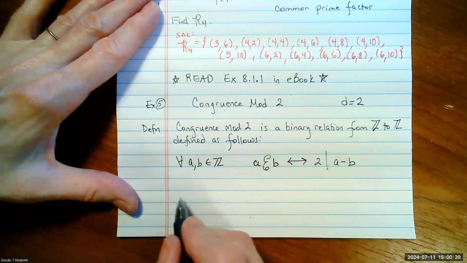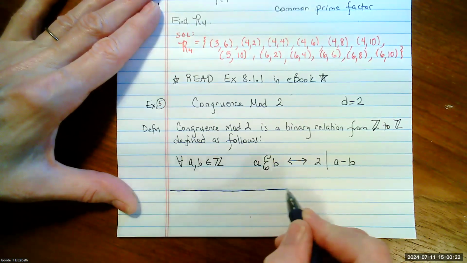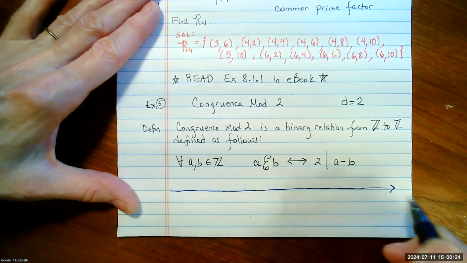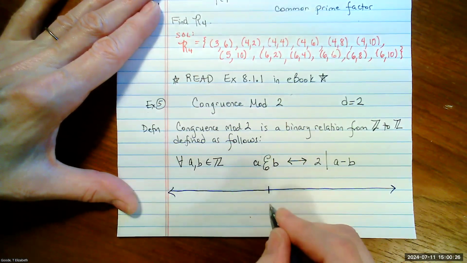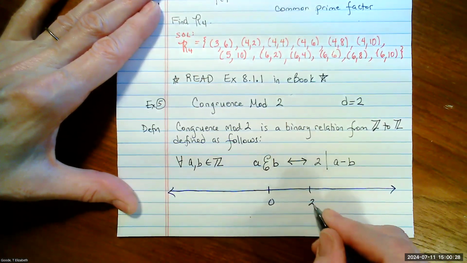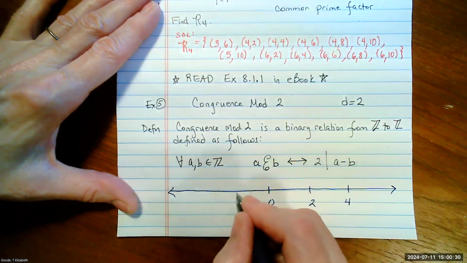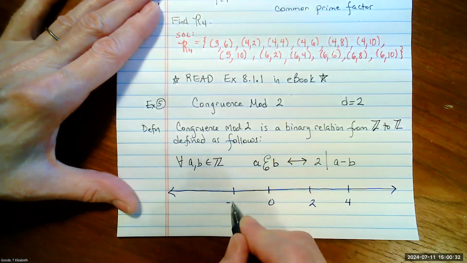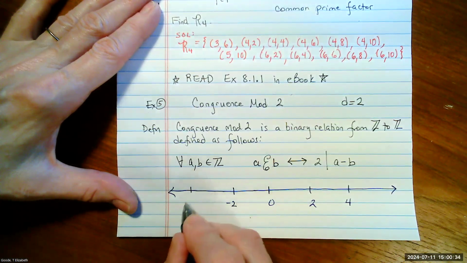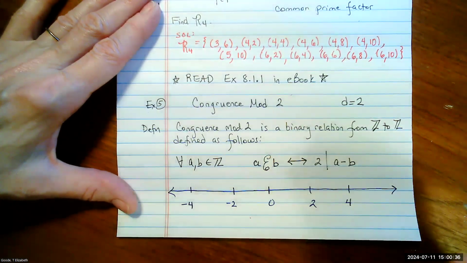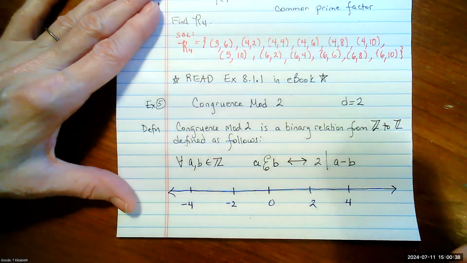Remember dividing by 2? The QR theorem says, hey, if you divide an integer by 2, you're going to get one of 2 different remainders. You're either going to get a remainder of 0, that means the integer you're dividing by 2 is even, of course, or you're going to get a remainder of 1, which means that the integer is odd.